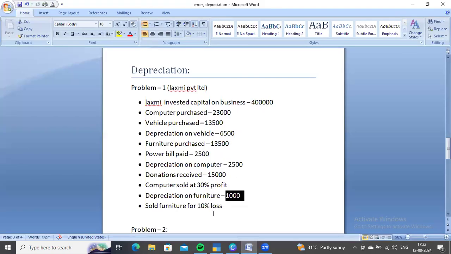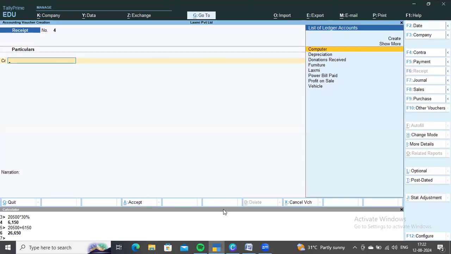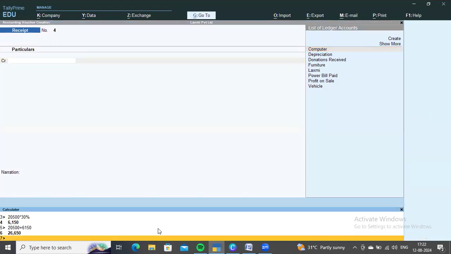Next, sold furniture for 10% loss. Yes, in the earlier transaction we sold the computer for 30% profit, but now we are selling the furniture at 10% loss. But it is a receipt to us, right? Go to receipt voucher. In that, first of all, calculate it.